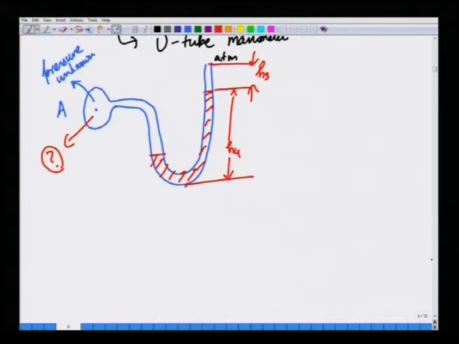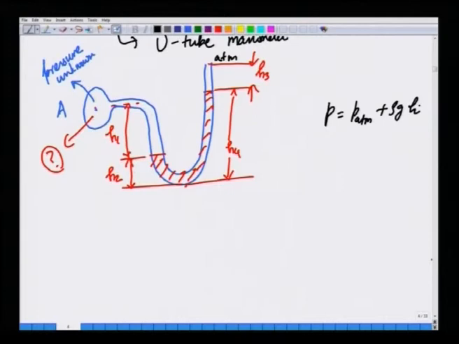Let us call this height H2, and between point A and this interface is H1. Okay. So, we want to now apply the result from the fundamental equation of hydrostatics, that P is P atmosphere plus rho g H.